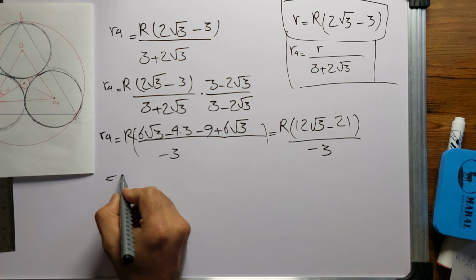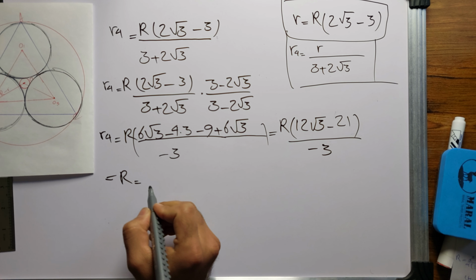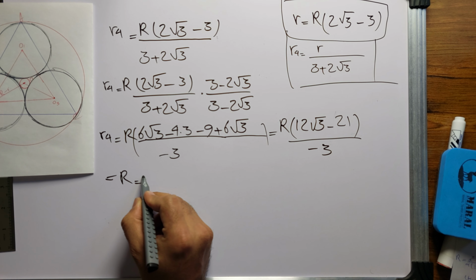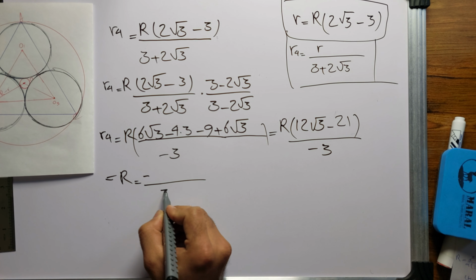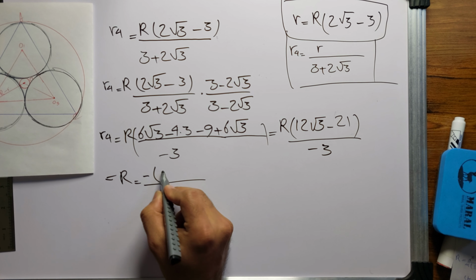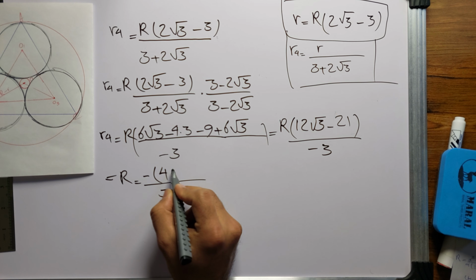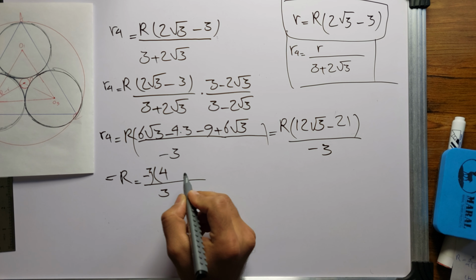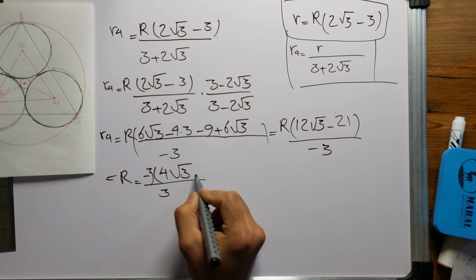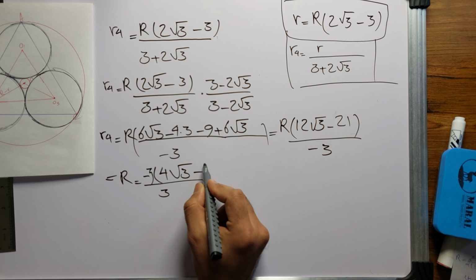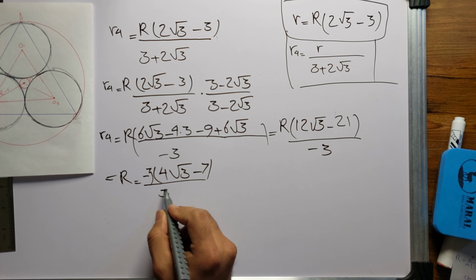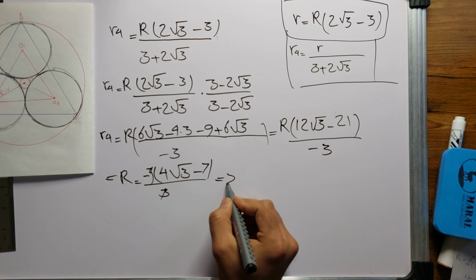So then here r equals, let's factor 1 out over 3. So it becomes minus 3 times 4 square root of 3 minus 7.